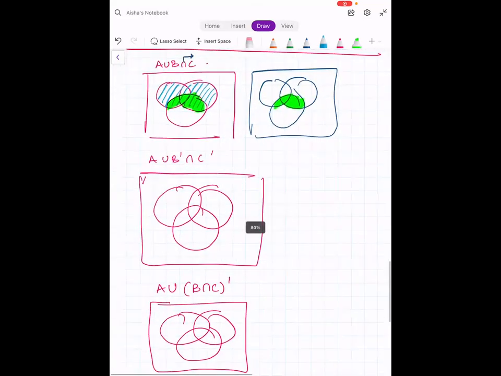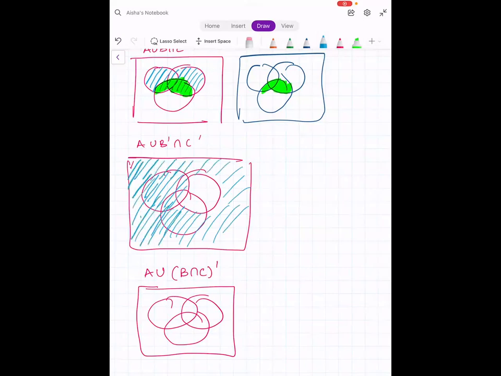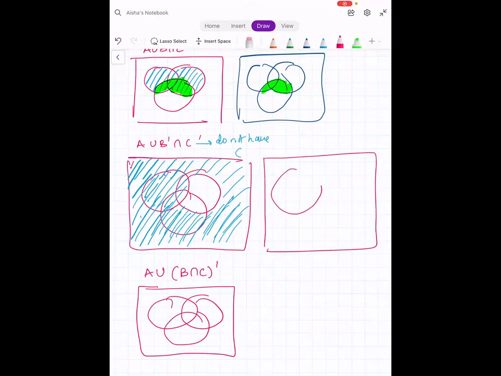Next is A union B complement. A union B complement means A union A is all of this. Union B complement means everything other than B. Intersection C complement means in all these areas which do not have C. The areas that do not have C are the outside areas.